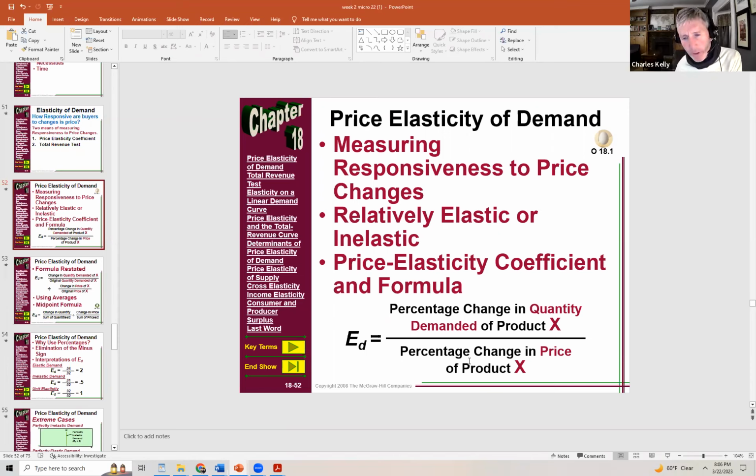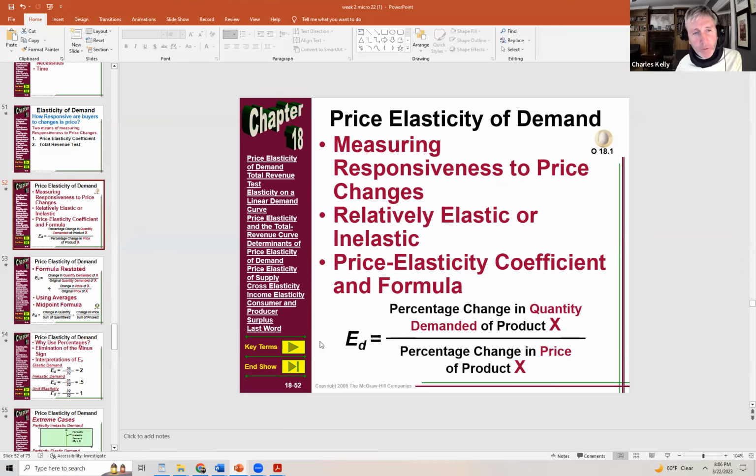So if we have a 30% reduction in price, then we're going to have a positive percentage change in quantity demanded. But economists just ignore the minus sign. We always ignore the minus sign. We take the absolute value of the number.